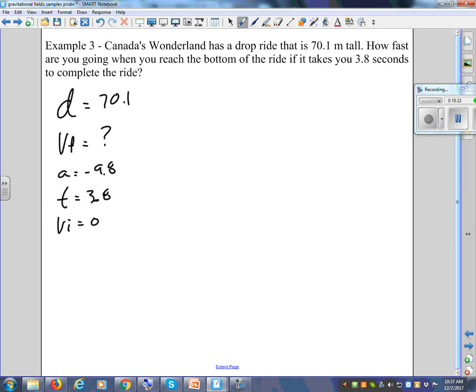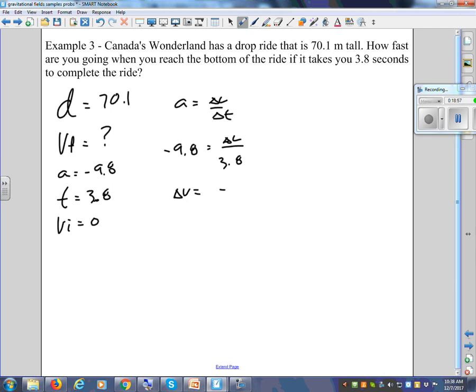Okay, so I need to find one with VF in it. Well, delta V equals VF minus VI. If I can find the delta V, that would work, right? A equals delta V over delta T. So 9.8 times 3.8 is 37.24.